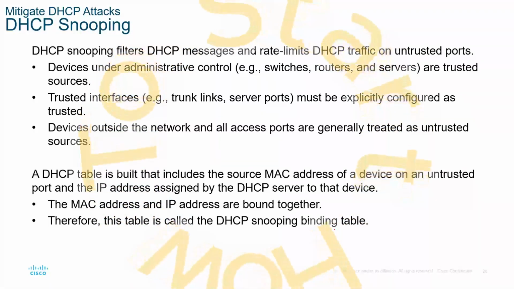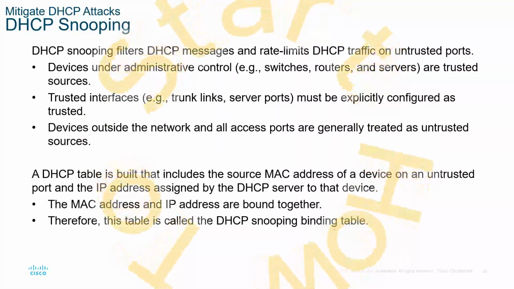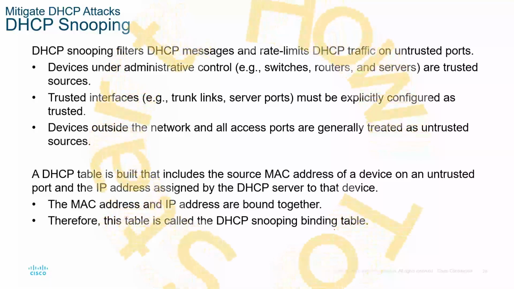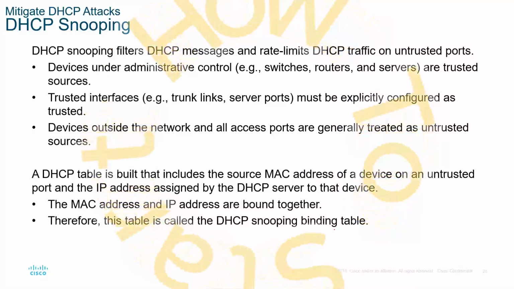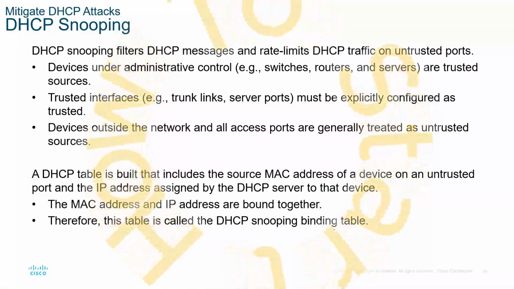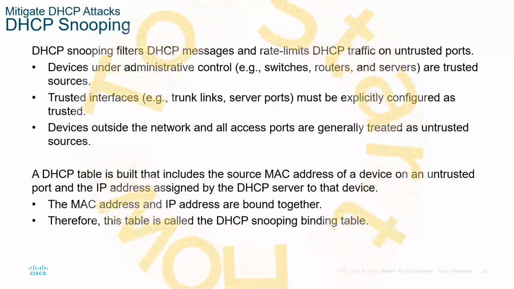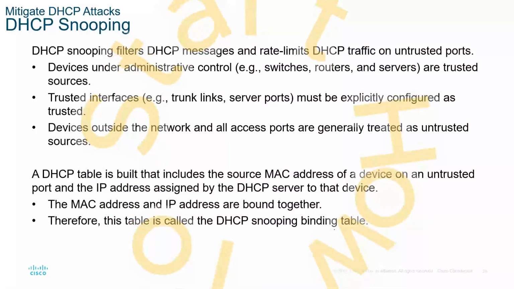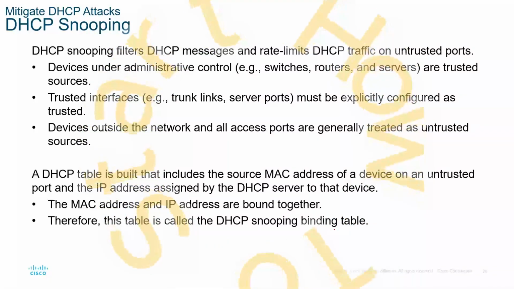So devices under administrative controls like switches, routers, servers, you can declare as trusted. Trusted interfaces like trunks and server ports must be explicitly configured as trusted. You can set all other ports outside of that to be untrusted. And again, you can rate limit how many requests are being asked on those ports.